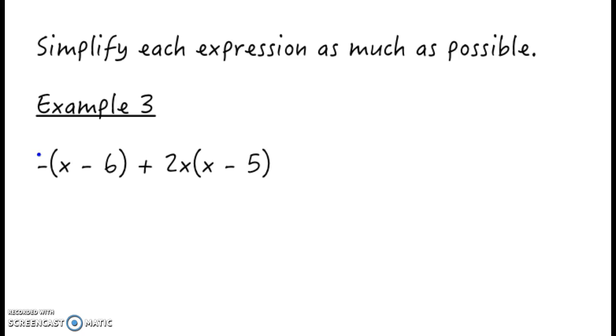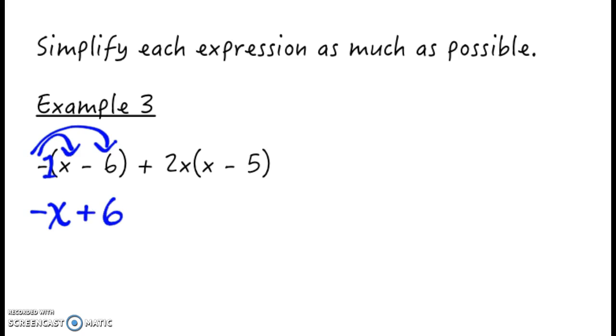You can just distribute the negative sign if you're feeling confident with that, or if you don't like it, there's no number there, you're allowed to just call this negative 1, because negative 1 times a quantity is the same as just a negative times that quantity. So if I do negative 1 times x, I have negative 1x or just negative x. Okay, I have a negative 1 times the negative 6. Negative times a negative is a positive, so this becomes plus 6.